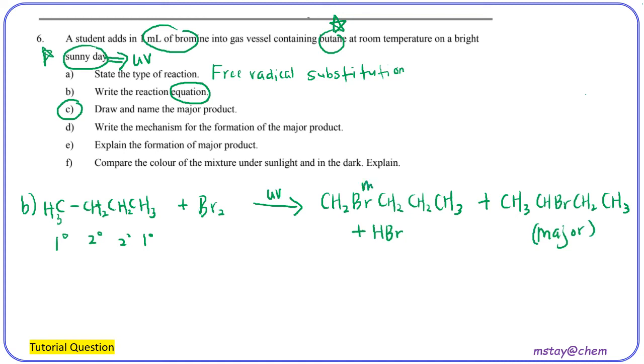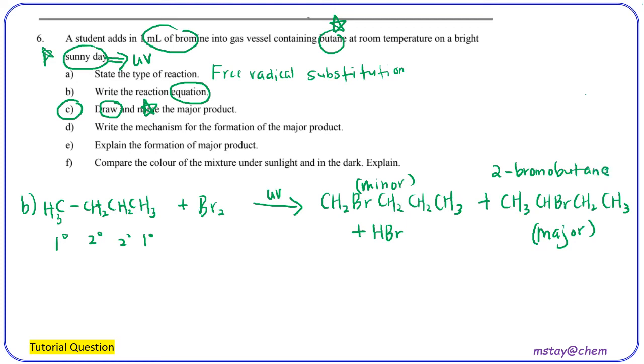This is the minor product, and the HBr is considered a side product. Don't forget, we not only need to draw the major product, we also need to name it. The bromine is at the second carbon, so we call this one 2-bromobutane.